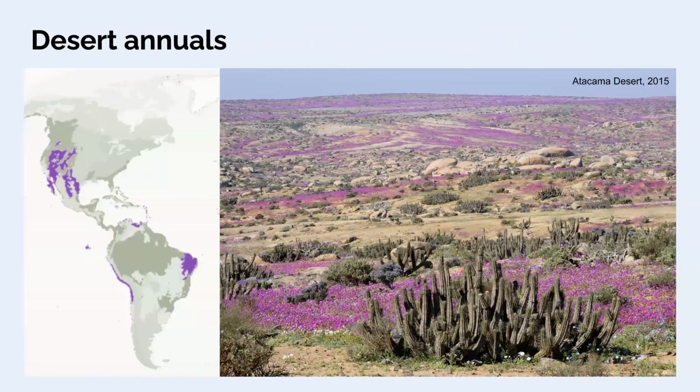Another strategy that's kind of outside of that set of strategies we were just looking at is a strategy called being a desert annual. So we talked about annuals. In Wisconsin, we often think about annuals as being a winter annual. So as winter comes on, the conditions around here become freezing, they become dry, and that's prohibitive for a lot of plants to grow.